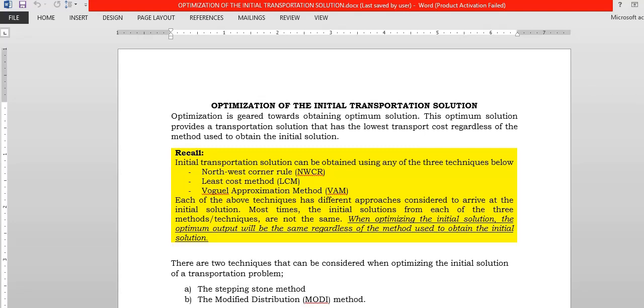There are two techniques that can be considered: the stepping stone method and the modified distribution method, the MODI. In this discussion, our focus is on the stepping stone method. In my next discussion, we shall look at the modified distribution method. So let's dive in and look at the stepping stone method.